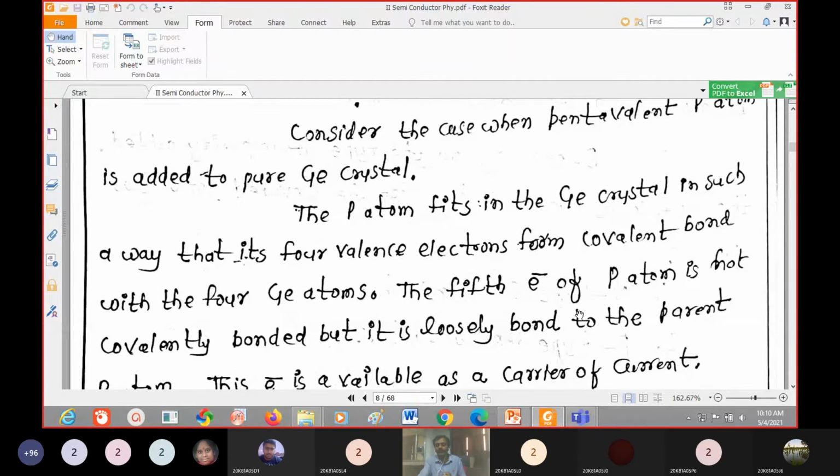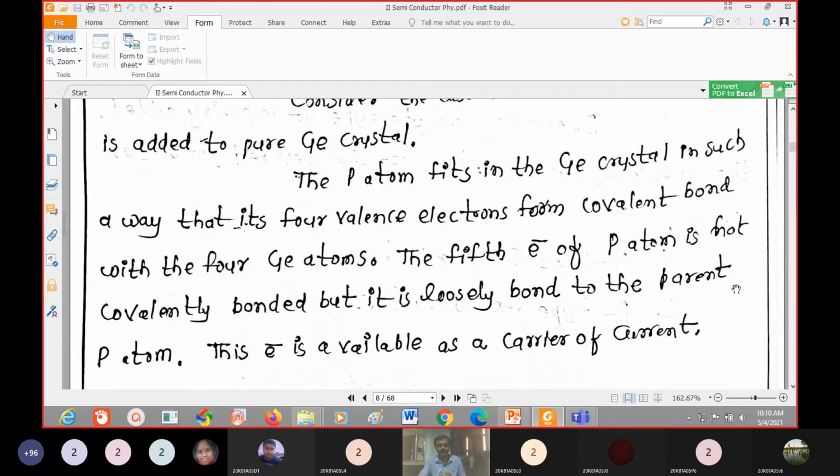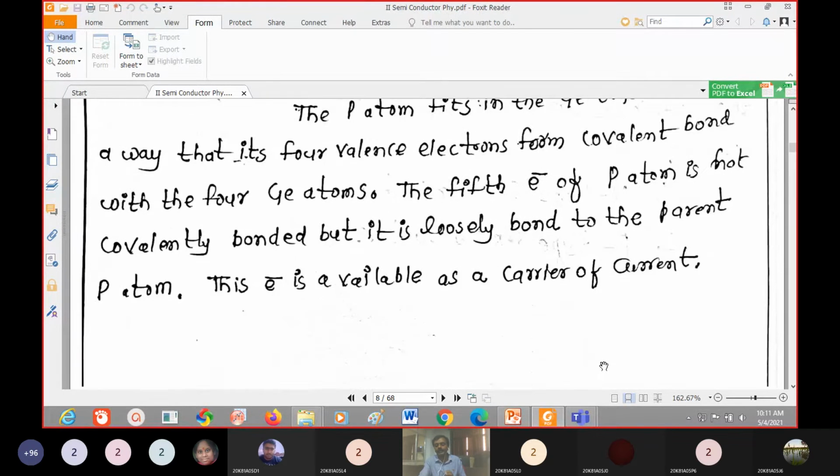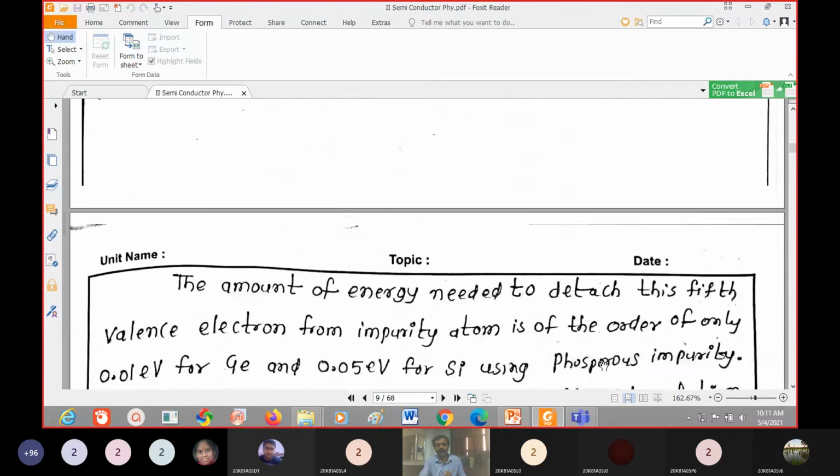The 5th electron of the phosphorus atom is not covalently bonded, but is loosely bound to the parent phosphorus atom. So this electron is available as a carrier of current.